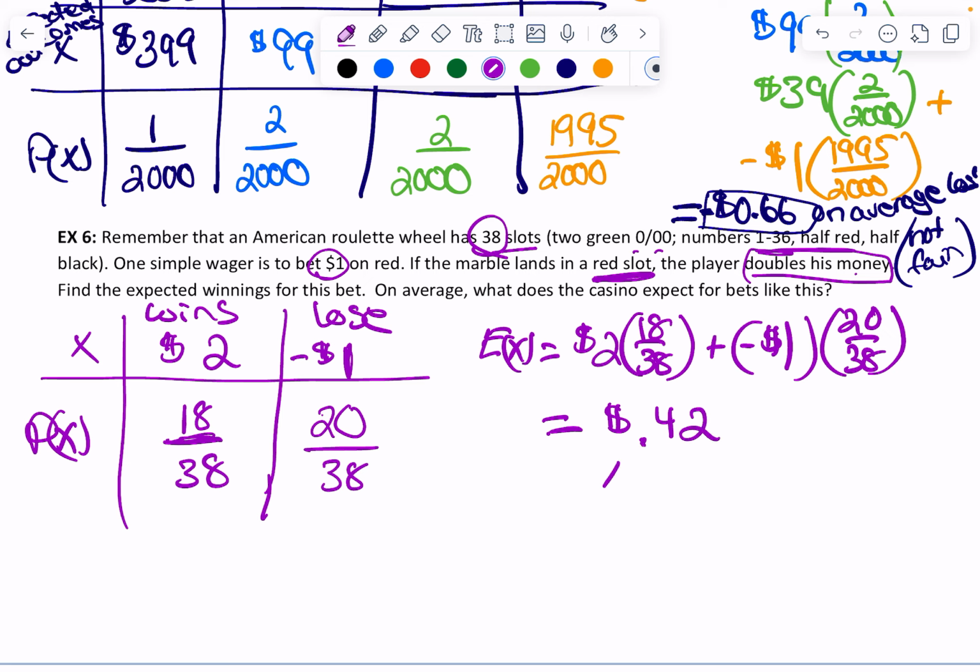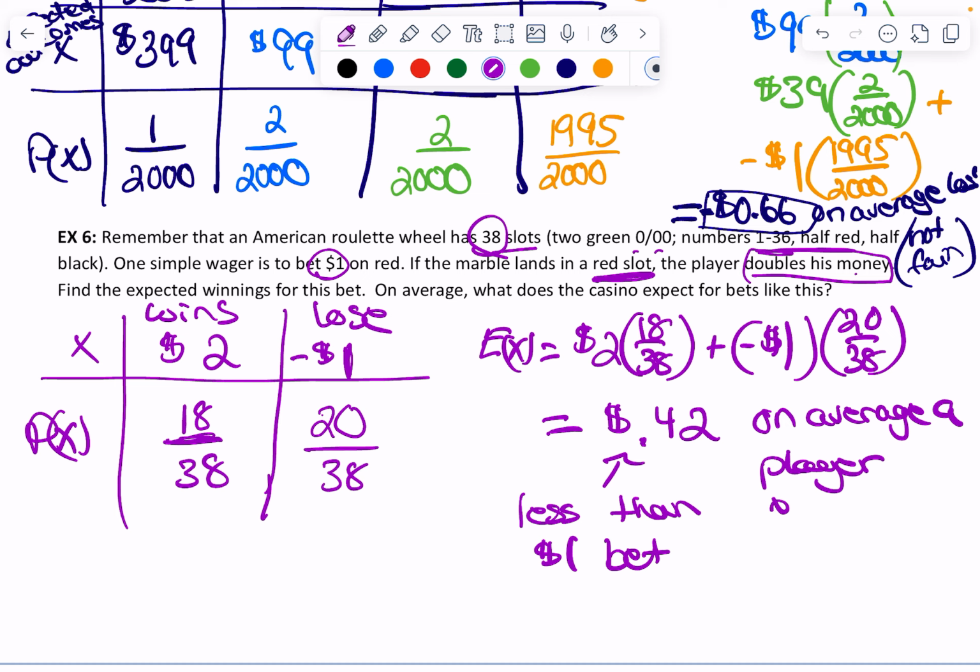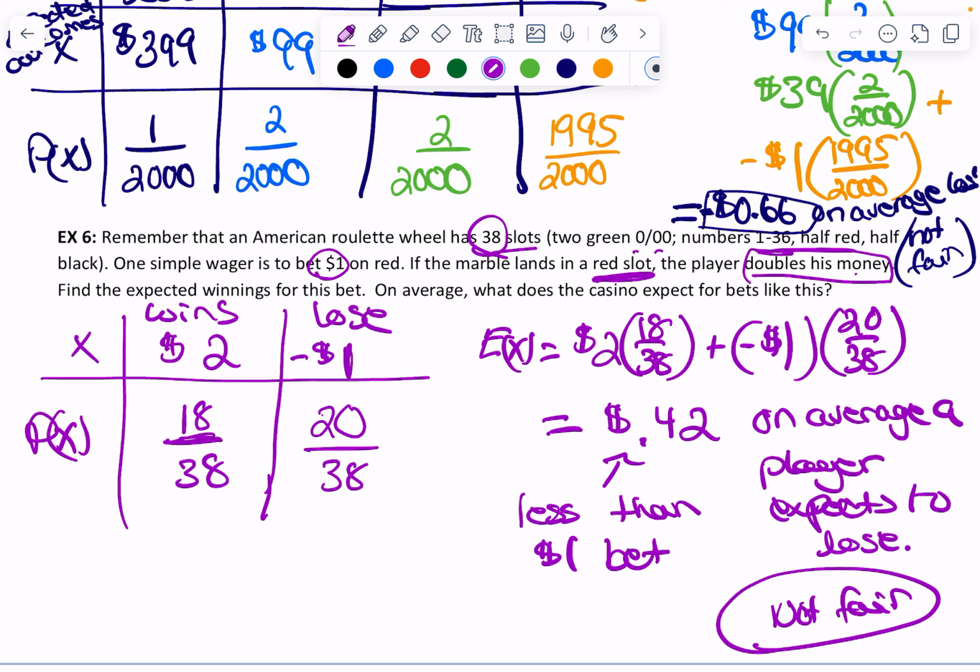Now, if we look at this, it is less than the $1 bet, right? 42 cents is less than a dollar. So what does that mean? That means that on average, a player expects to lose. So this is not fair. So the casino expects to win. Of course, it's a business, so that's why it's done this way, so that they get a profit.